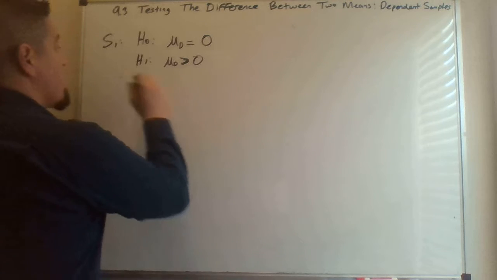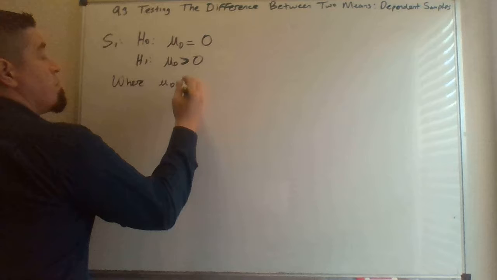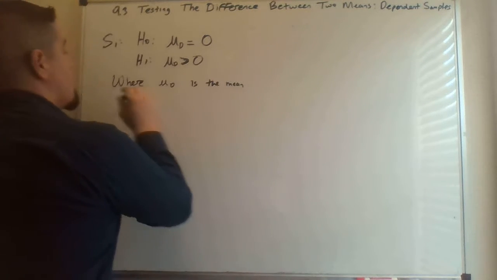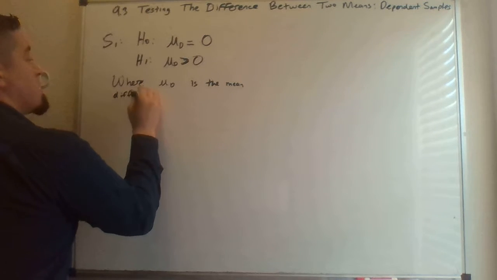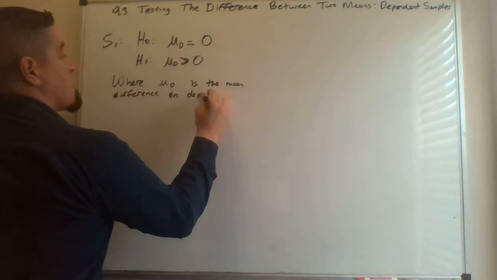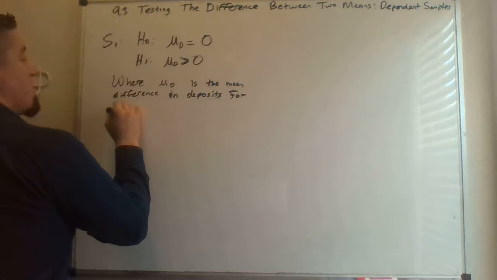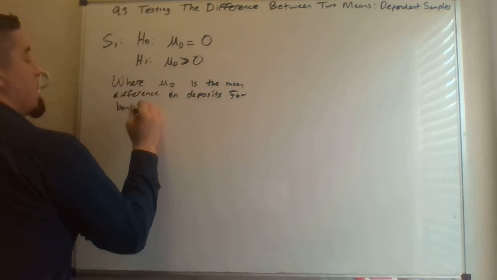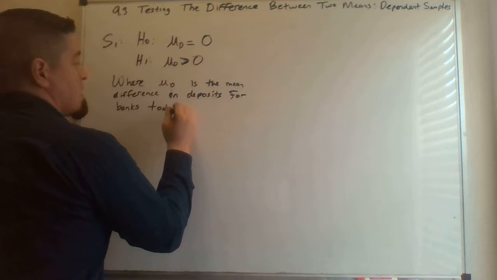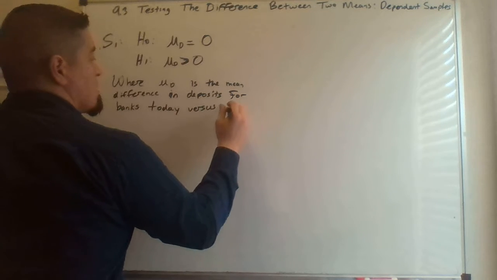And then we want to define where mu sub d is the mean difference in deposits for banks today versus 3 years ago.